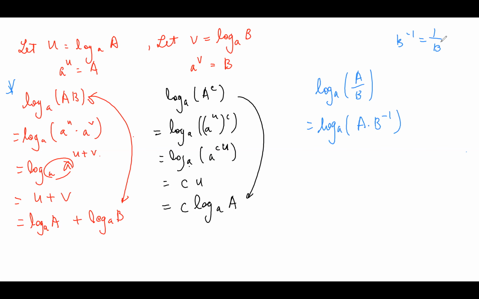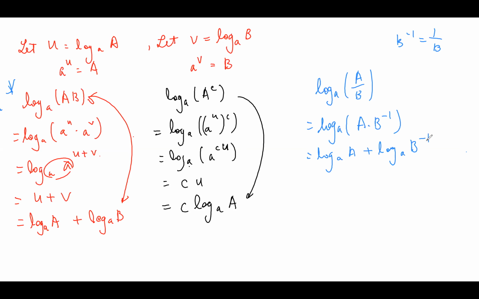Then we could use the first law, because this is multiplication, so we could rewrite this as log base b of A plus log base b of B to the -1.